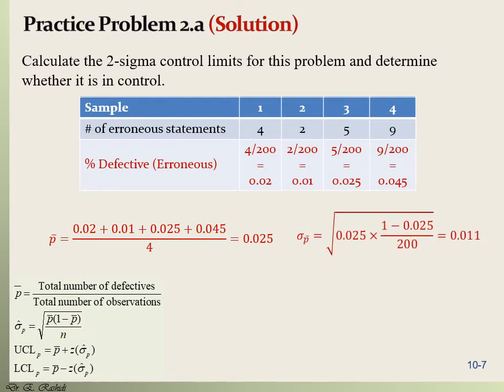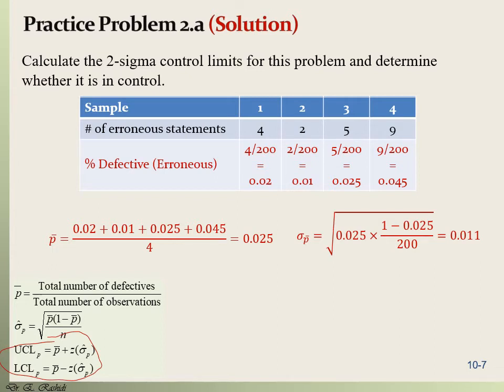Now that we have the estimation of the proportion and also the standard deviation, we can use these two formulas to compute the upper and lower control limits. The upper control limit is P bar plus Z multiplied by sigma, the standard deviation estimation, which is 0.011.